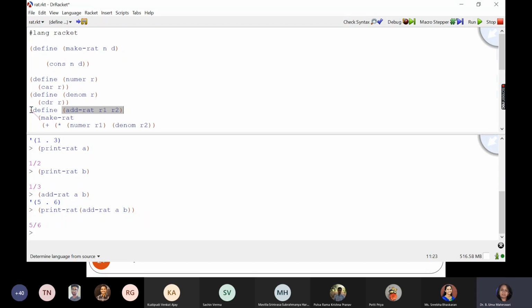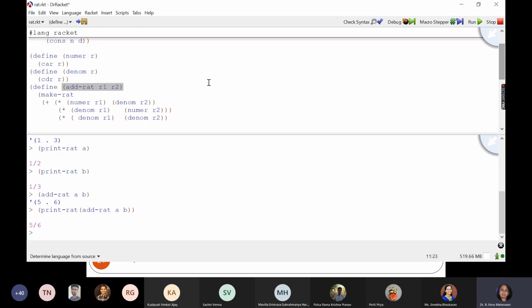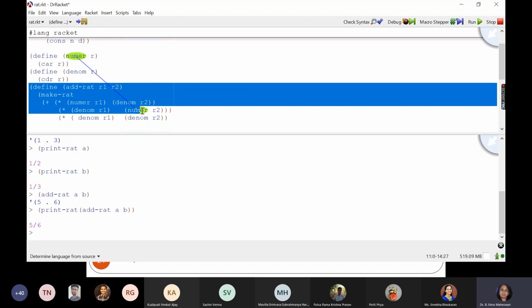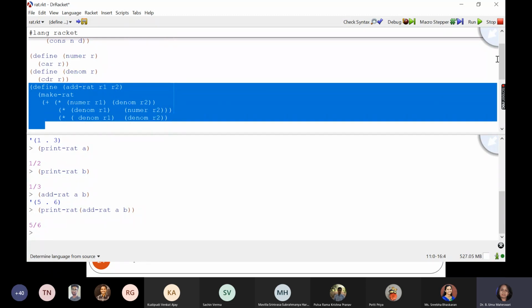Okay, so take another part of the code. I have a procedure for addition, which I explained to you. Define add-rat, given two rational numbers, I should perform addition.